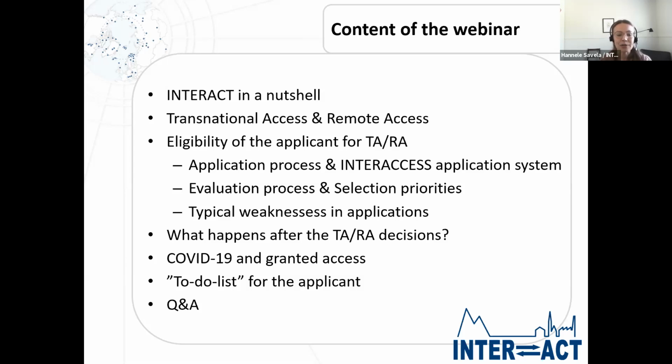Then we are going to talk about what happens after you have received the transnational access or remote access decision, if you are granted access. And then something about the COVID-19 pandemic and its effect on transnational access. Then I'm going to provide you a to-do list for preparing your application, and then we have some time for questions and answers.